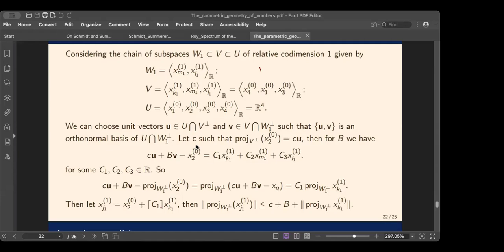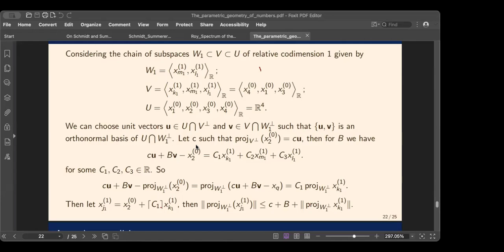Then we can project the previous xji minus 1 vector. Here it is x2. We project x2 to the orthogonal subspace of Wi. Here it is some c times u.